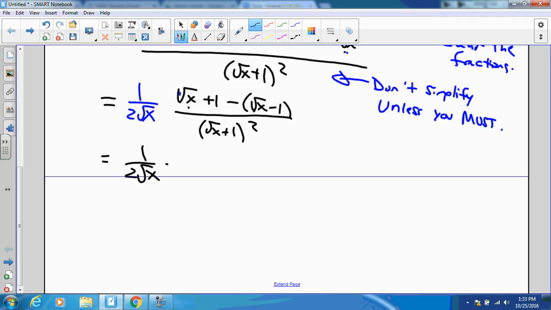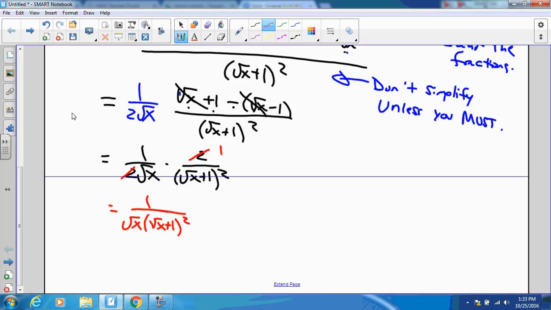And this is root x minus root x, plus 1 minus negative 1 is plus 2. Again, continuing with the theme of common factors, I notice there is a common factor of 2. And this gives me my final simplified answer, just like so, and we are done.